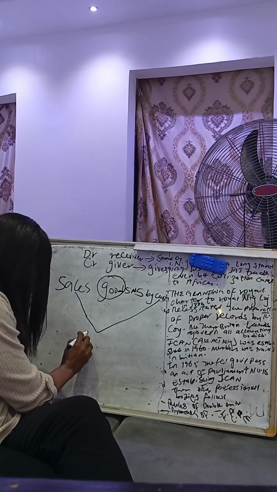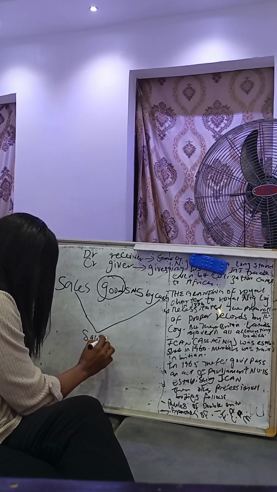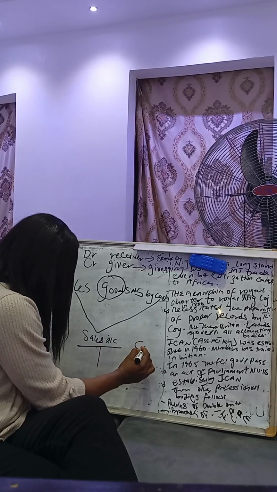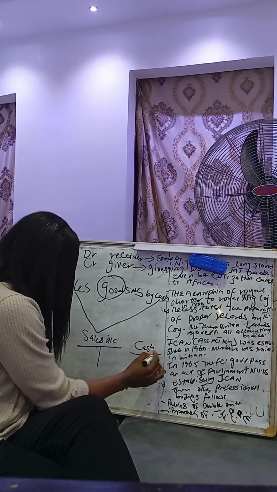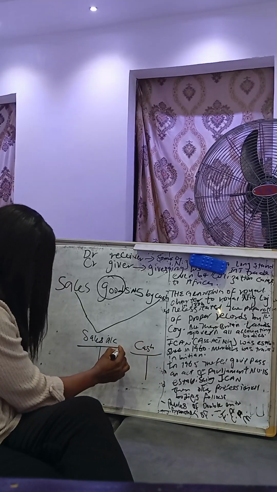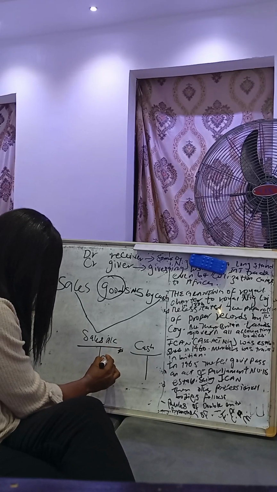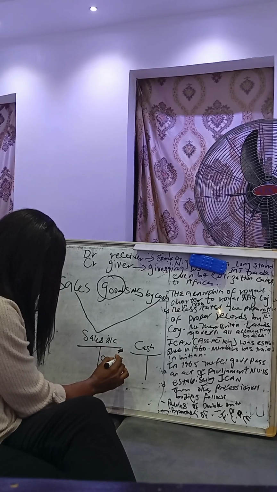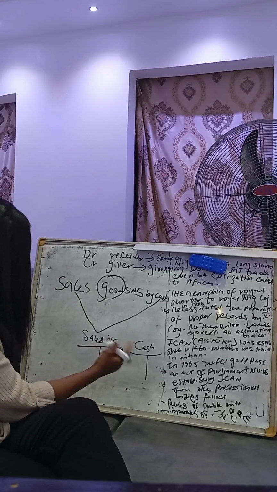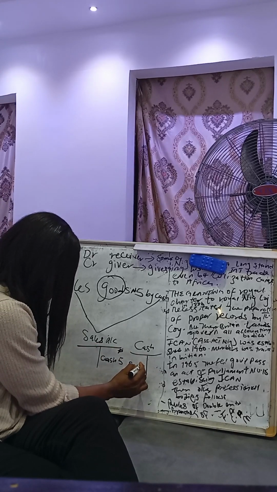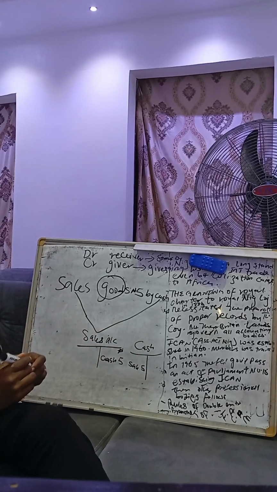So we open the sales account and the cash account. You sell, you give out. How much? 5 naira. The description is by cash. Cash, we receive cash when we sell, 5 naira. That is just the rules.